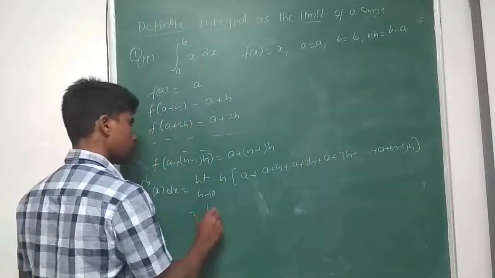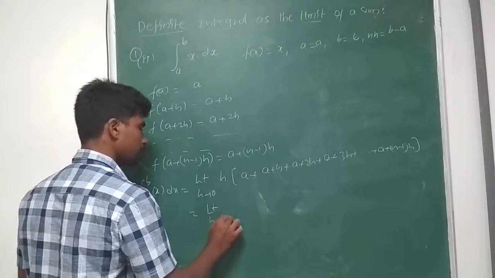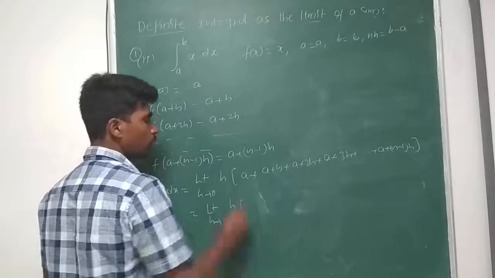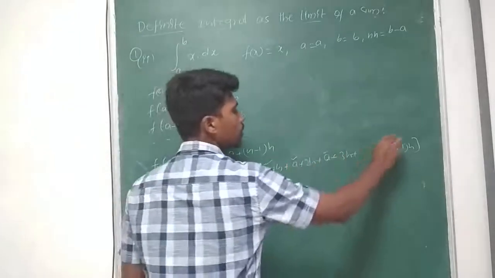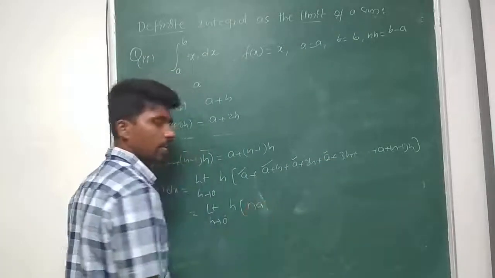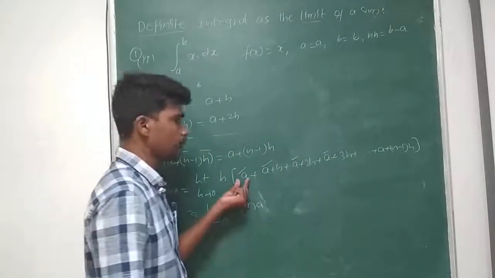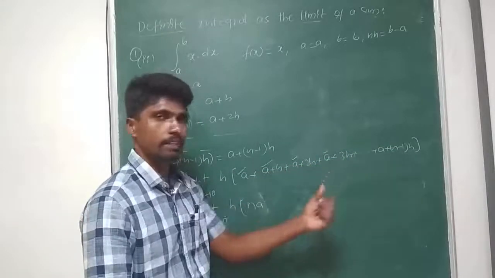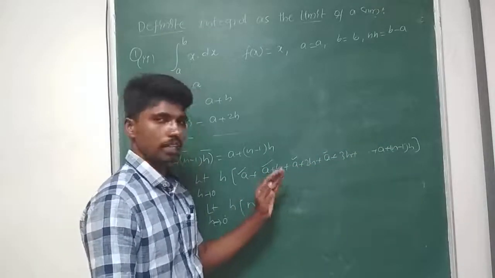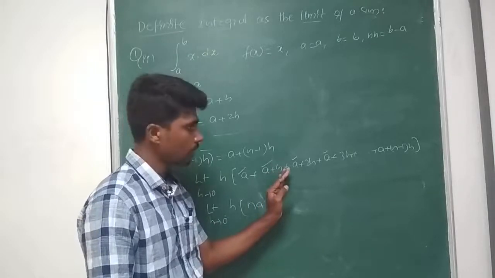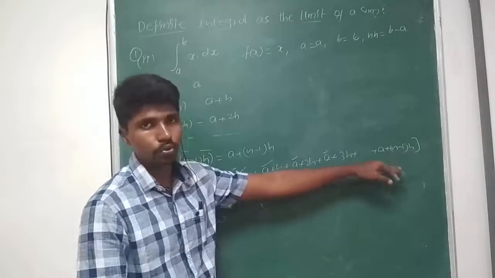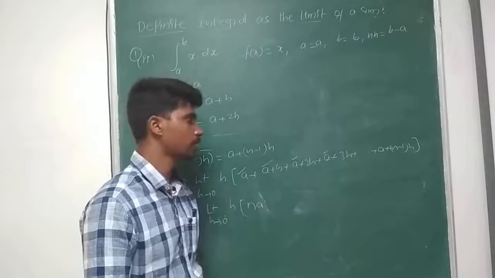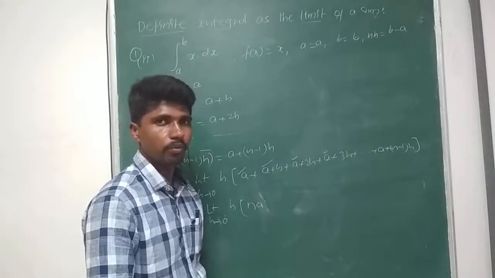This can be simplified as h into, how many a's do we have? n a's, so I can write it as na. The starting one is a, and the last one also has a. But for the h, the starting one is h, and the last one is n minus 1 h's. So how many h's are there? n minus 1 h's are there, right?